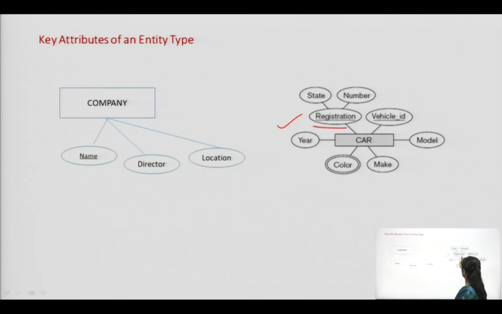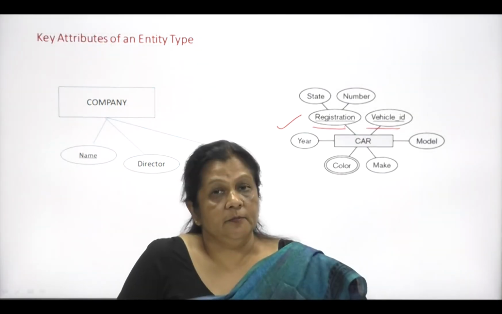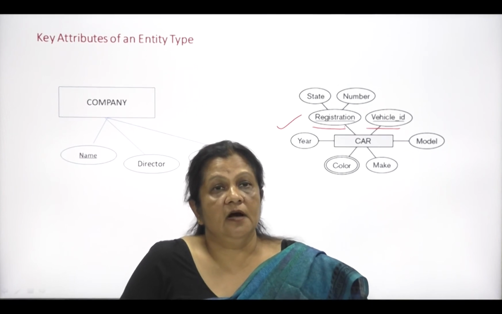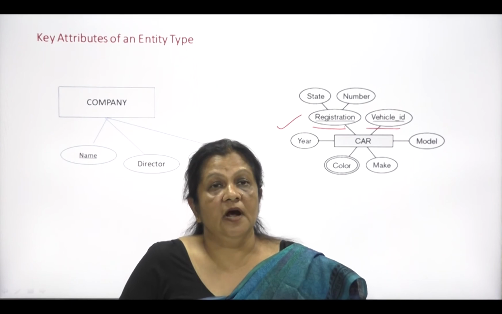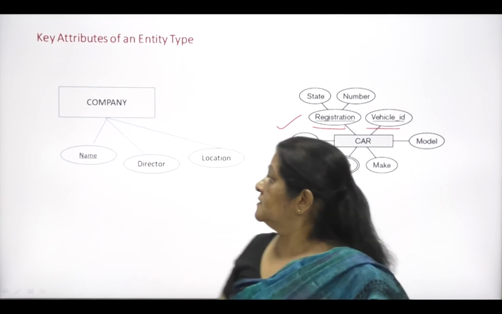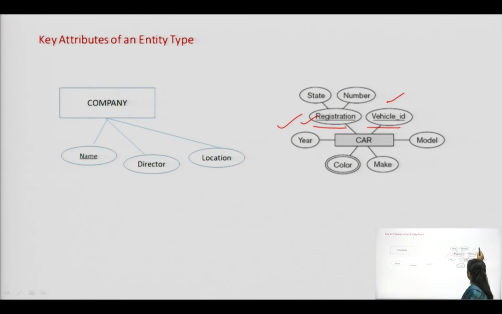We have two key attributes, that is registration and vehicle ID. We can have any number of key attributes. It's not that we will have only one key attribute. For example, in this case you have registration and you have vehicle ID. Ultimately, when we implement our database from this ER diagram, we will use only one of these key attributes as what later we will start calling the primary key.